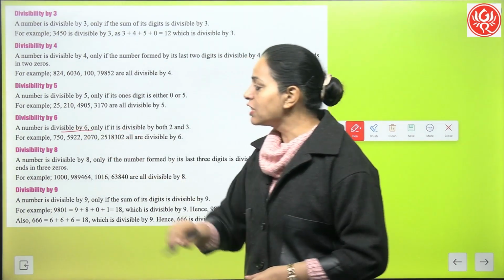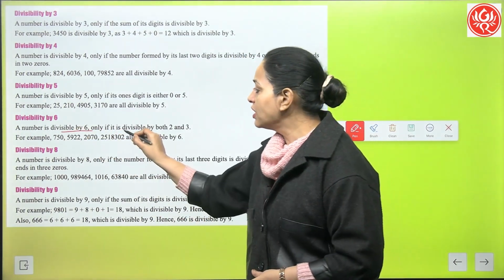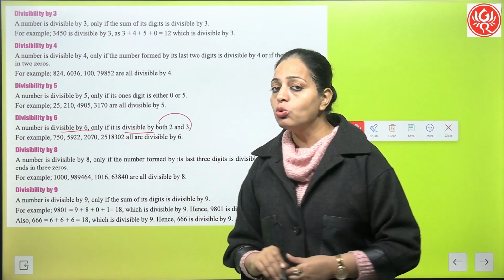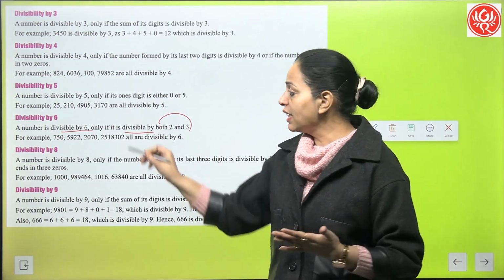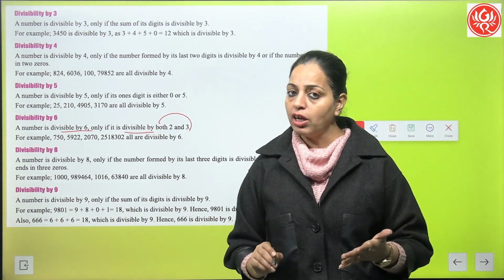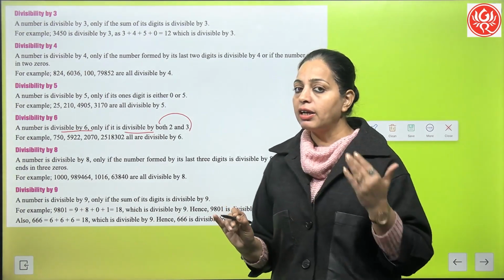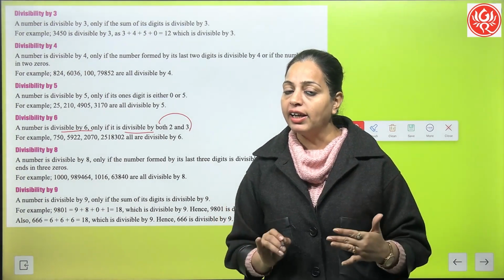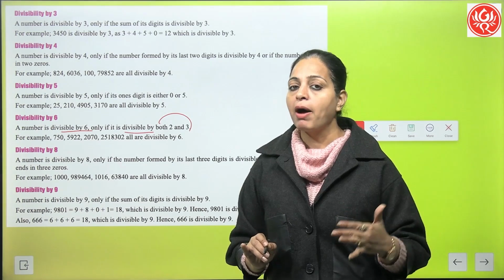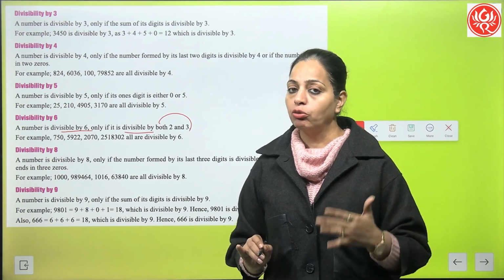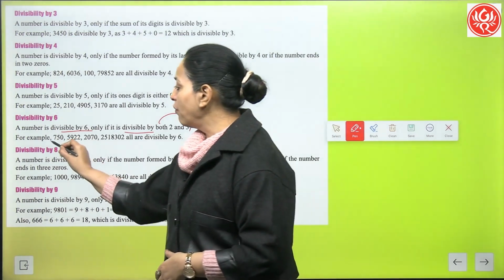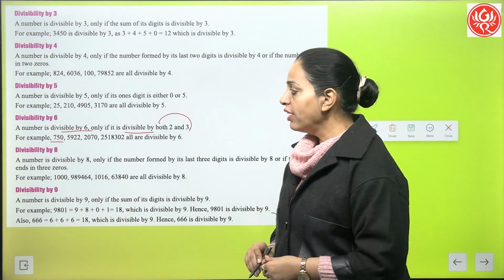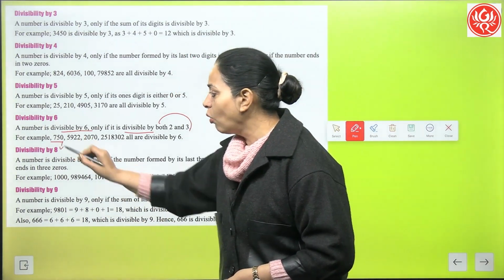A number is divisible by 6 only if it is divisible by both 2 and 3, because 6 is divisible by 2 and 3. So अगर हमें चेक करना है एक नंबर 6 से divisible है या नहीं है, then we have to check it by 2 and by 3. See, for example, 750. 750 last digit is 0.